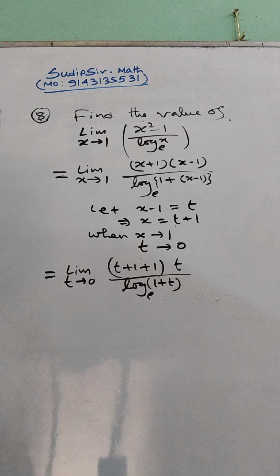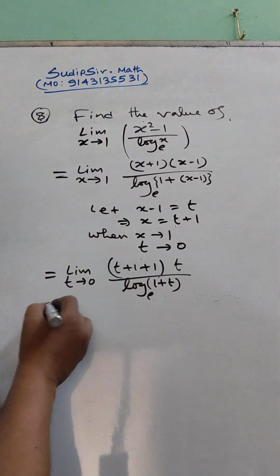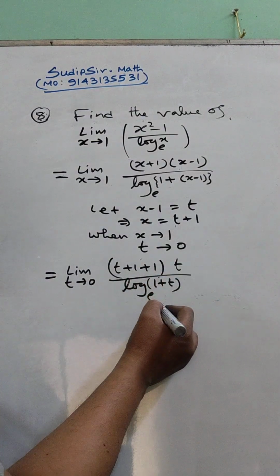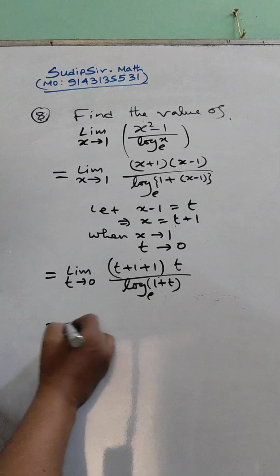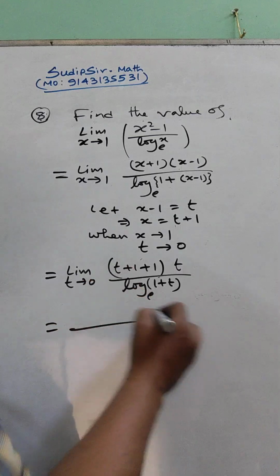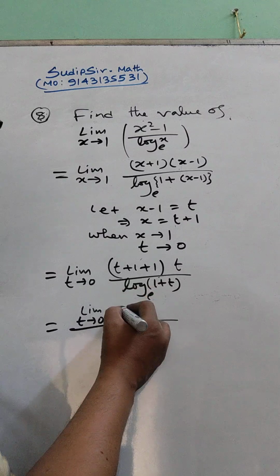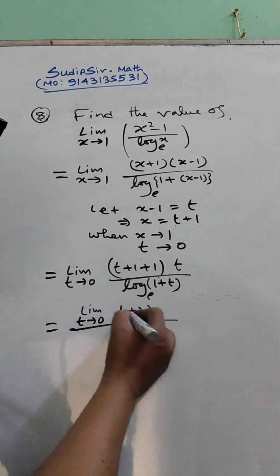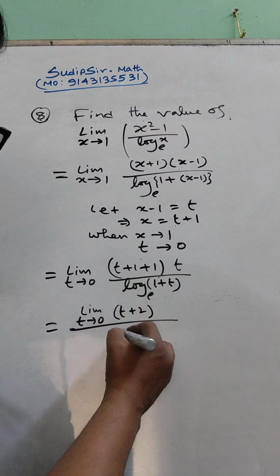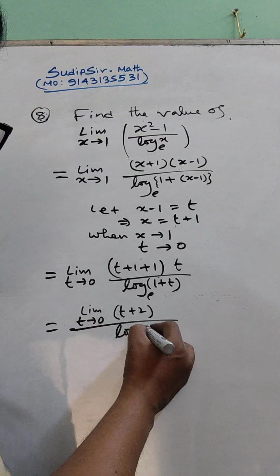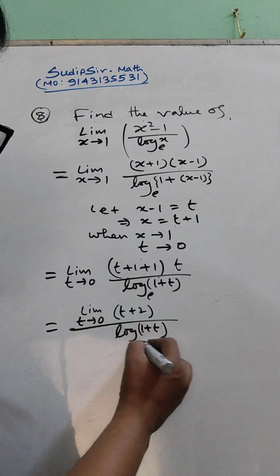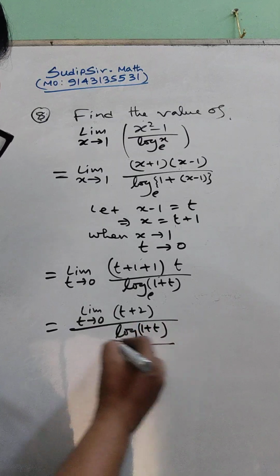Now see another thing. Limit t tends to 0, this is t plus 2, and here log of 1 plus t base e by t.